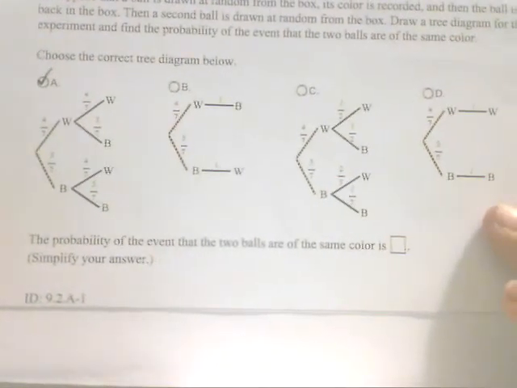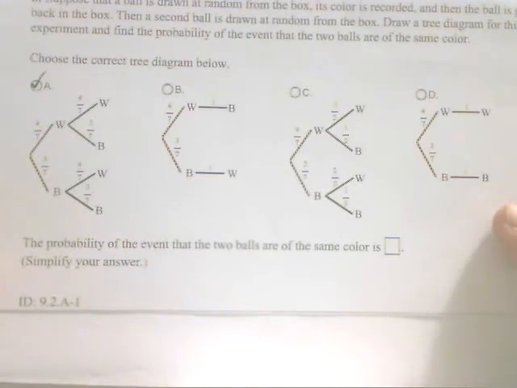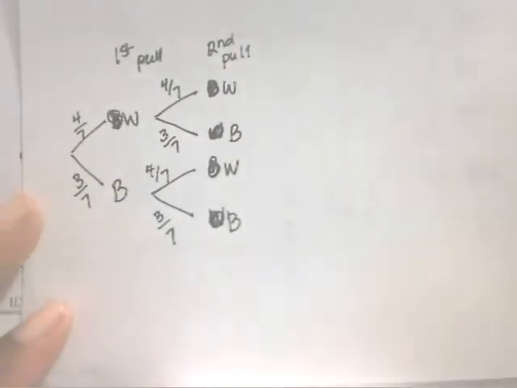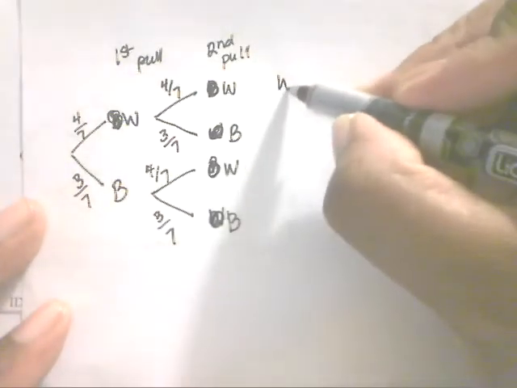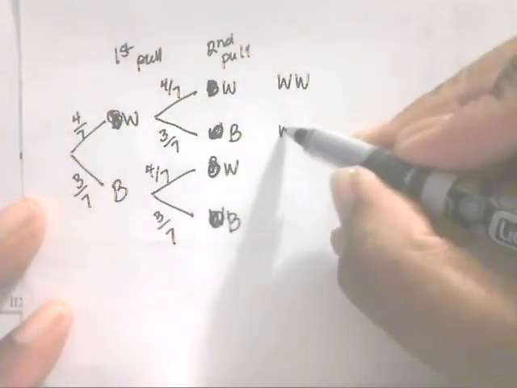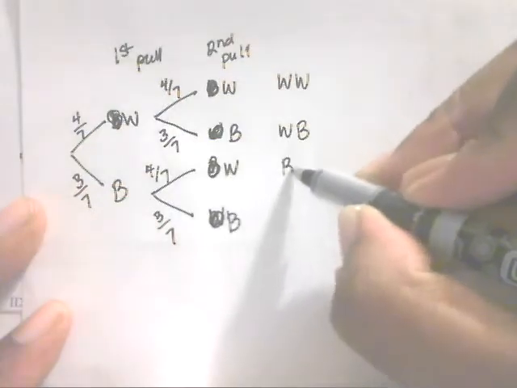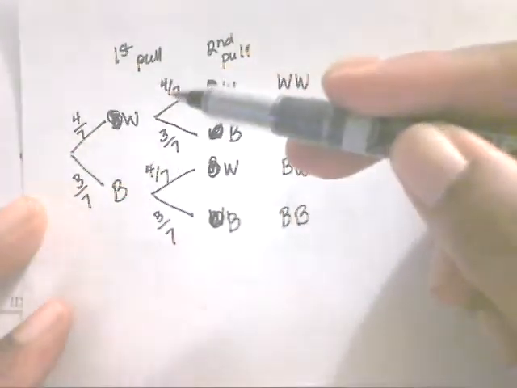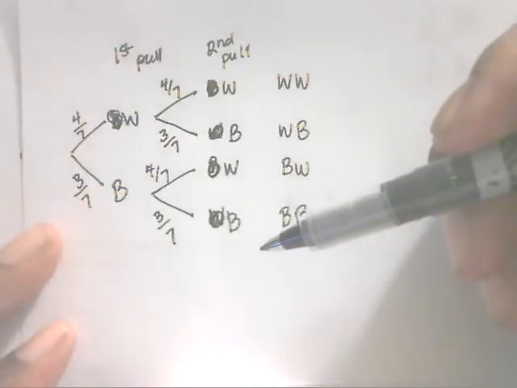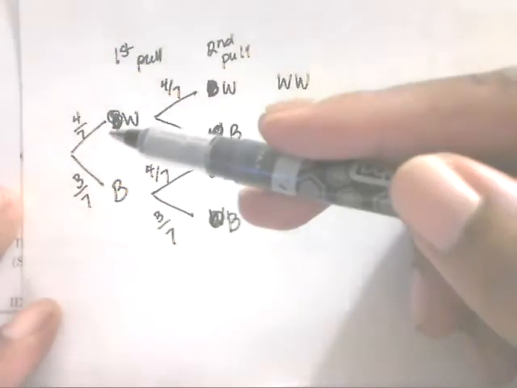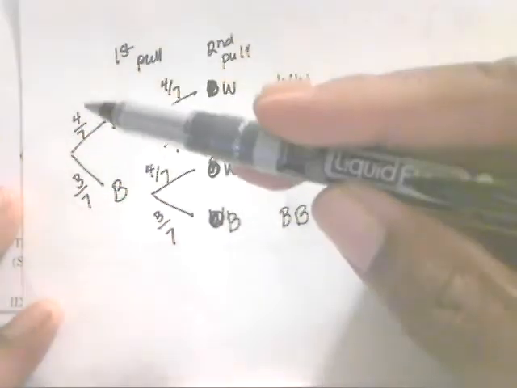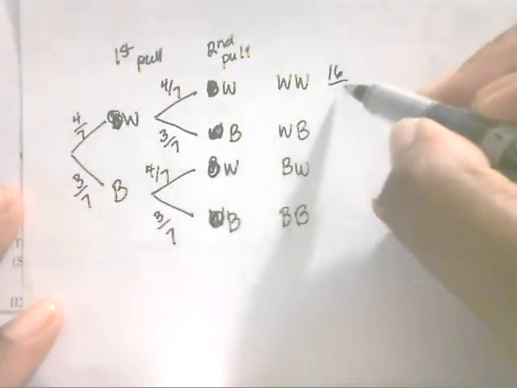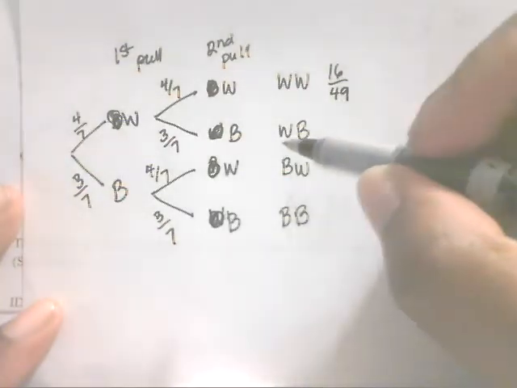Now part B is the probability of the event that the two balls are the same color. We list our outcomes here: a white and a white, a white and a black, a black and a white, and a black and a black. Then again, we multiply the probabilities along each branch. For white and white, that's 4/7 times 4/7, which is 16/49, and that cannot be reduced.